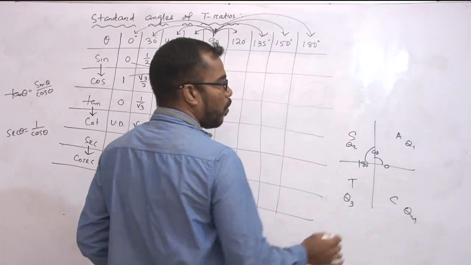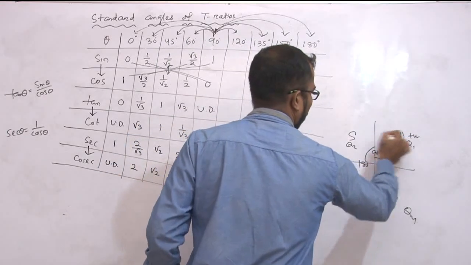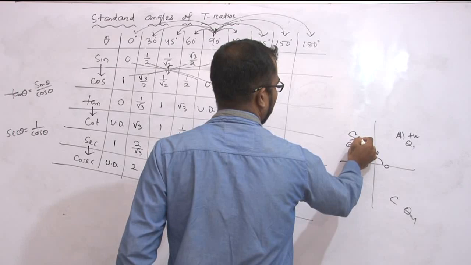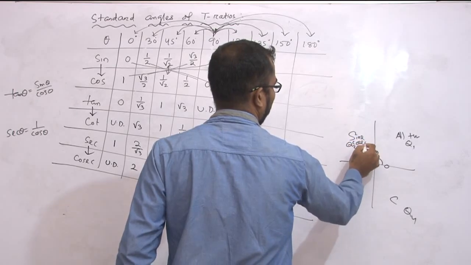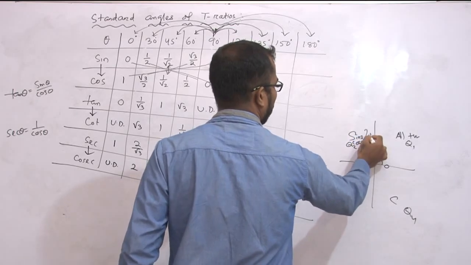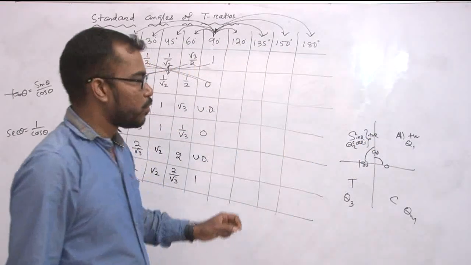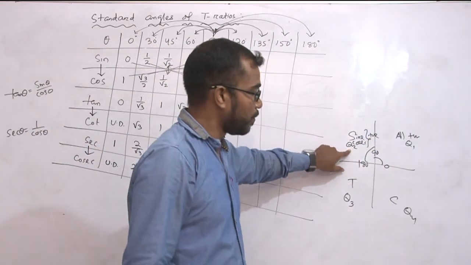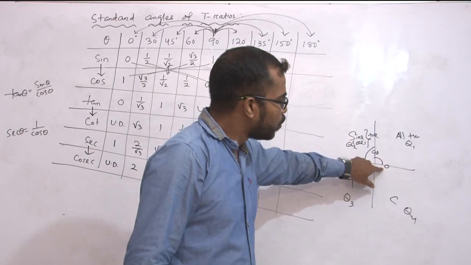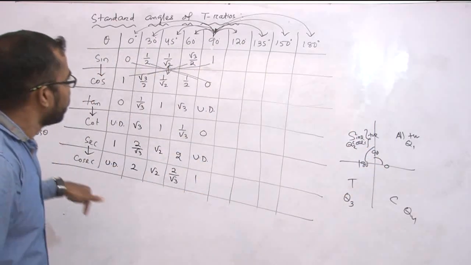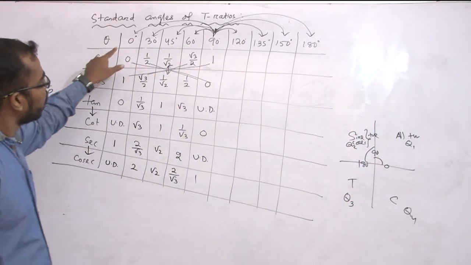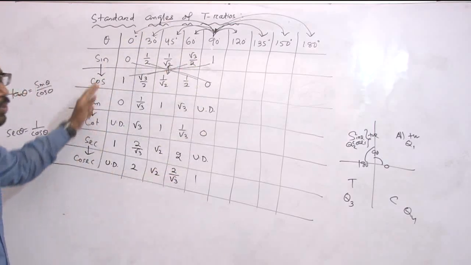Here A for all positive, and here S means sine, and sine's reciprocal is cosec, so sine and cosec are positive. So 0 to 90 all are positive. So in this table you see that 0 to 90 all values are positive.